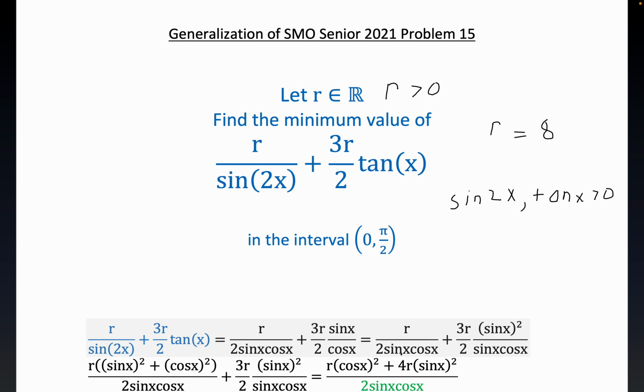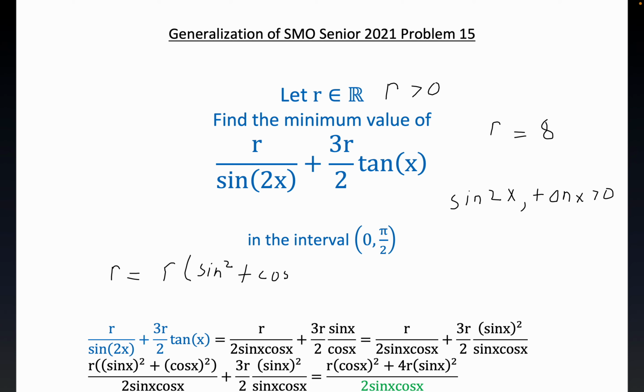Now, another thing that turns out to be very useful, and happens a lot in trig, is the Pythagorean identity. R is equal to R times sine squared x plus cosine squared x, because that identity is always equal to 1 for all real x.